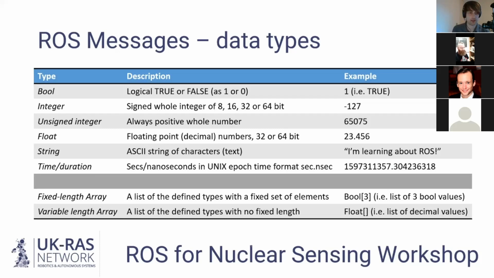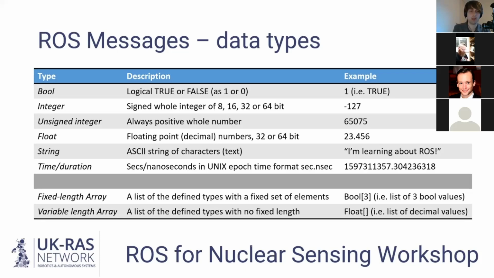We then have strings, so if we want to send a list of characters, the classic would be hello world or whatever, or maybe it's just a firmware version that you want to write down. In the header, you remember I said that there was a timestamp.